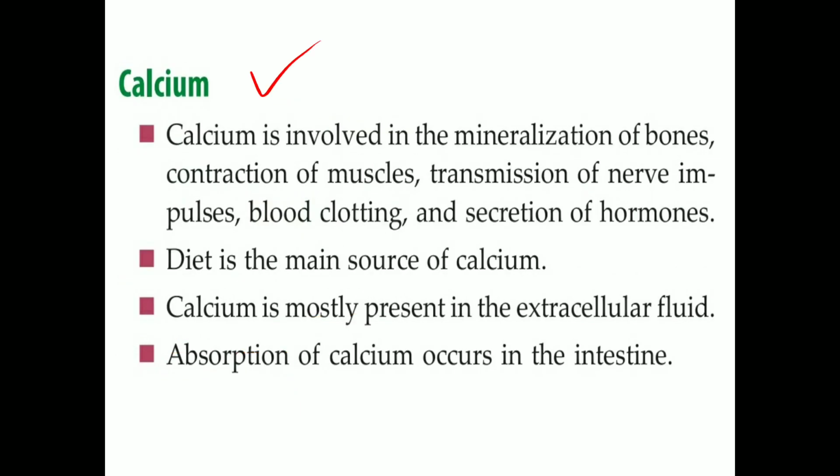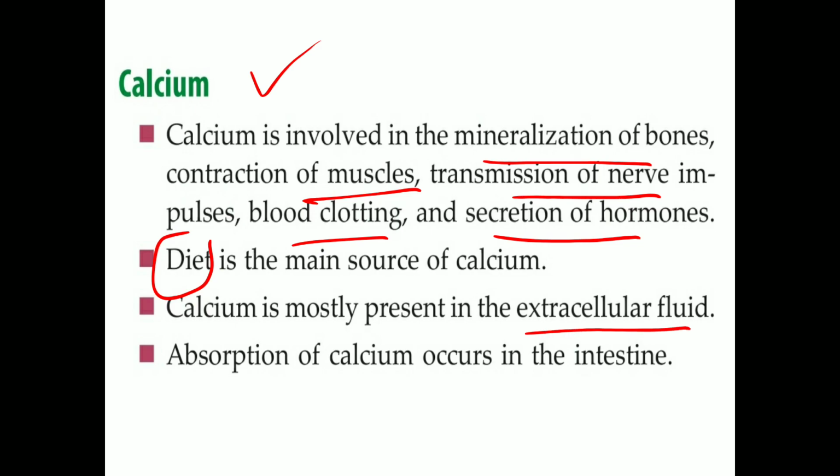Next is calcium. Calcium is involved in mineralization of the bones, contraction of the muscles, transmission of nerve impulses, blood clotting, secretion of hormones, etc. Diet is the main source of calcium, and this is mostly an extracellular fluid component.